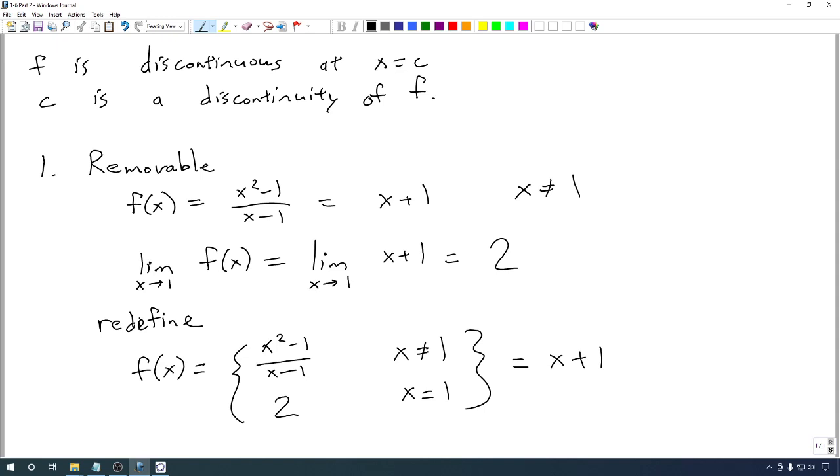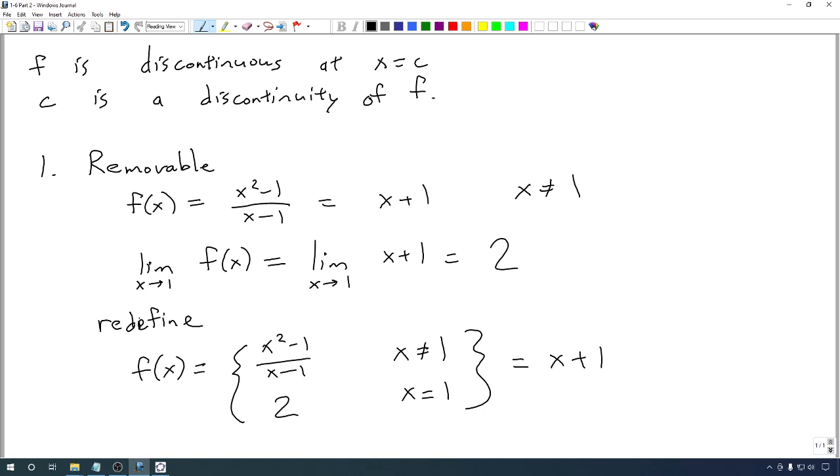This is especially true of a piecewise function. If you look at the last example from the previous video in this section, we technically had a piecewise function where there was a limit, and we had to break it up into pieces.